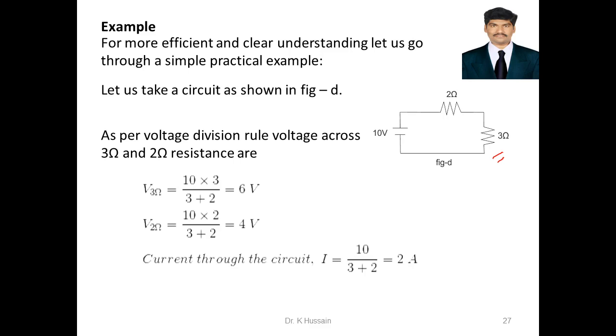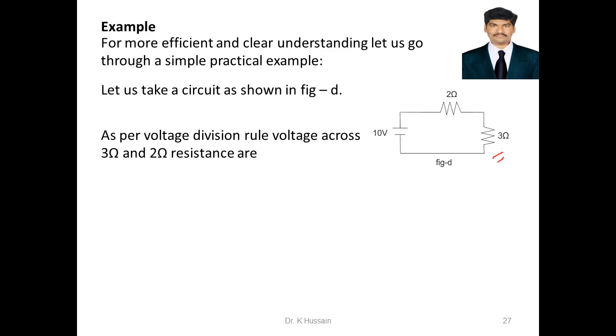Now you see, this is the condition. Before doing that, first we will see what the values are, because after replacing this resistance by either a current source or a voltage source, you will get values that should be equal to the actual values. That's the reason we are finding them first for checking purposes.